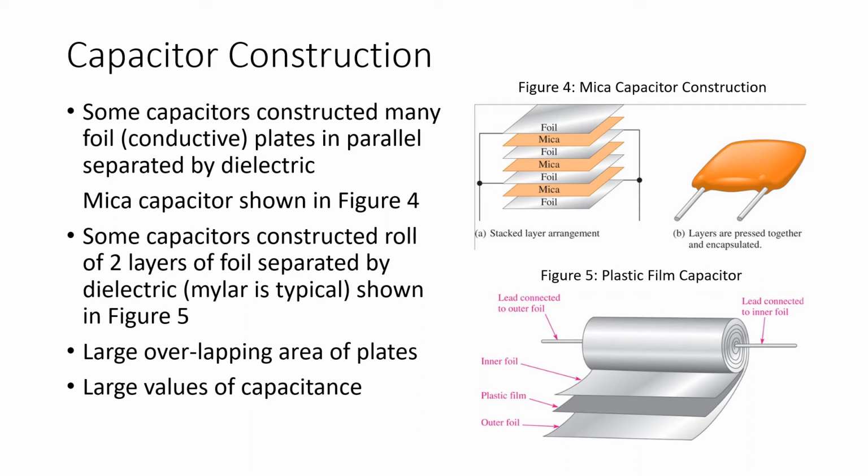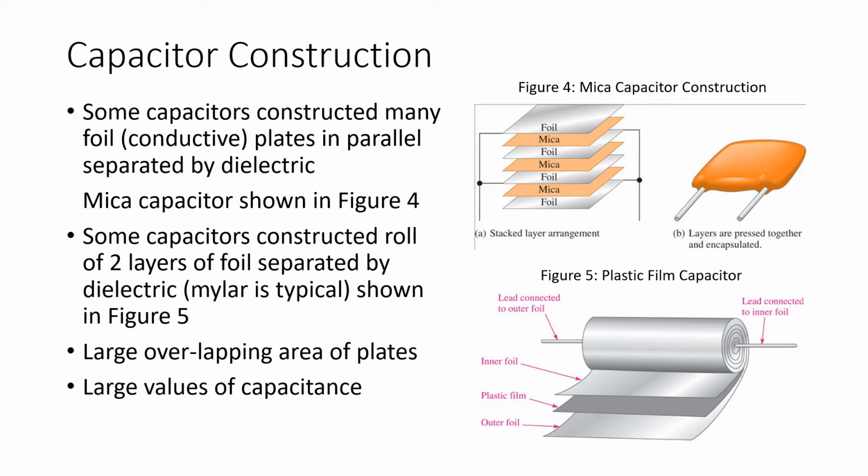Now, some capacitors are called rolled film capacitors, and we see an example of this in figure 5. In the construction of this type of capacitor, we take two long pieces of foil, separate them with a plastic film, typically mylar, and then roll these lengths of foil and mylar up together with leads connecting to both of the pieces of foil.